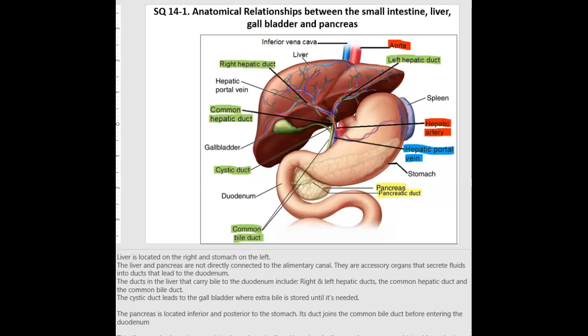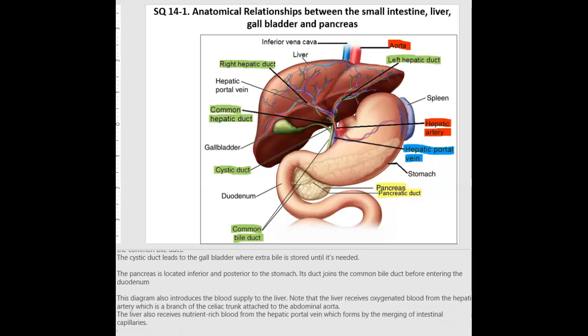These ducts include the left and right hepatic ducts, the common hepatic duct, and then the common bile duct. The cystic duct also contains bile, and it leads to the gallbladder, where extra bile is stored until it's needed. The pancreas is located inferior and posterior to the stomach, and its duct joins the common bile duct before entering the duodenum.